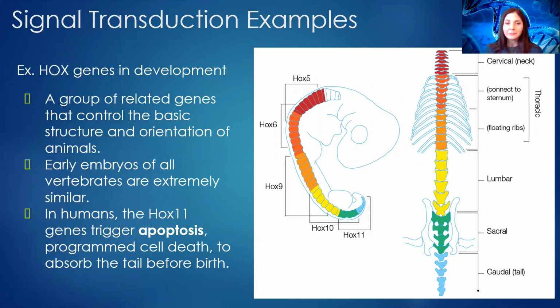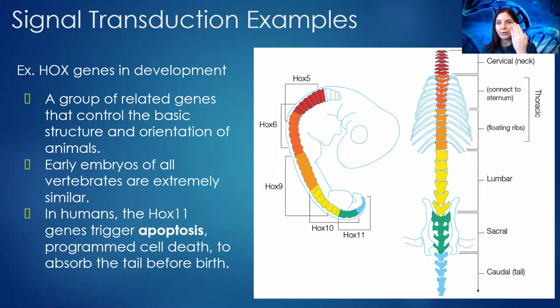Now, in humans, we have different Hox genes. The HOX11 gene triggers apoptosis, or programmed cell death, to absorb that post-anal tail before birth. Another example of a Hox gene that people have that helps to program cell death would be the cells that are in between our fingers or our digits.